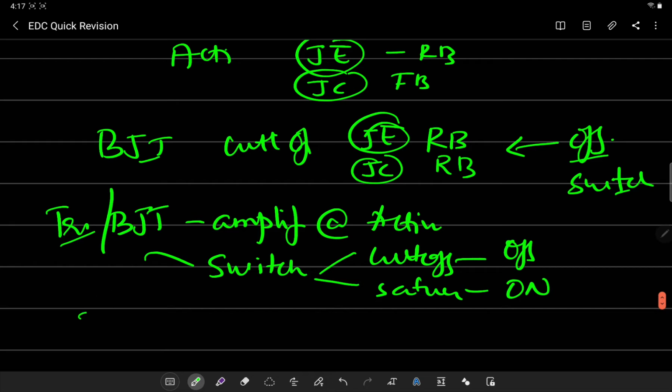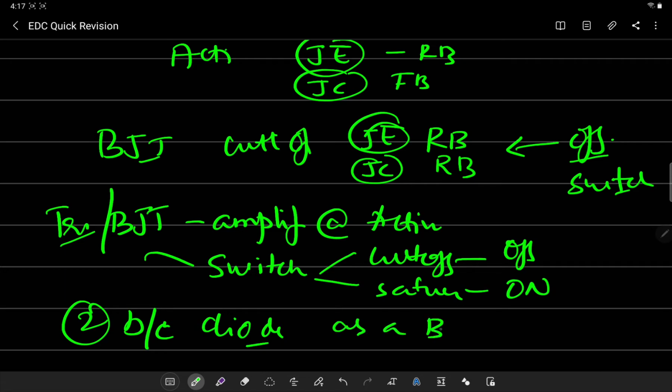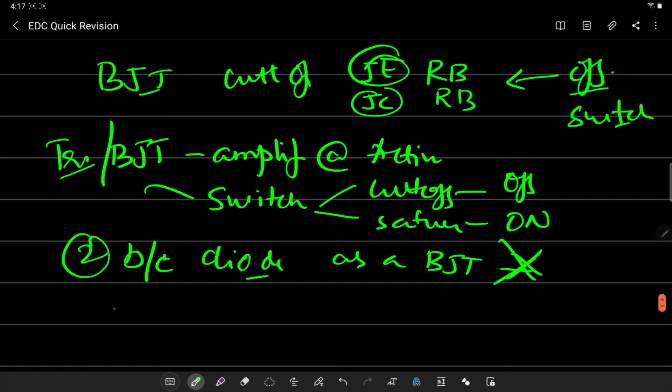So can we connect two back-to-back diodes as a BJT? Never, because if you connect two back-to-back diodes, then the base region will not be small.